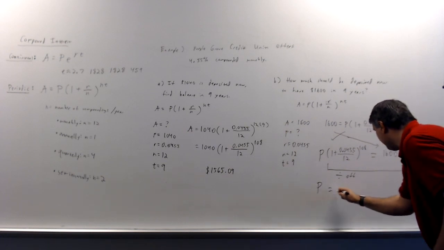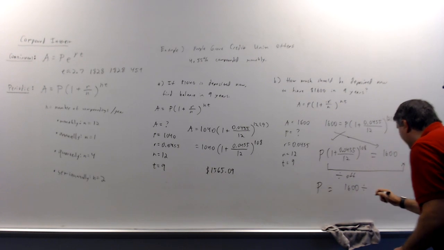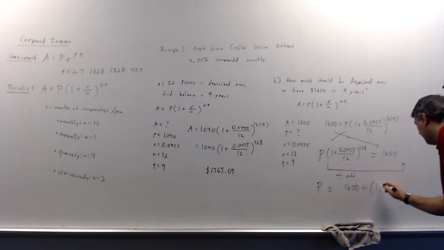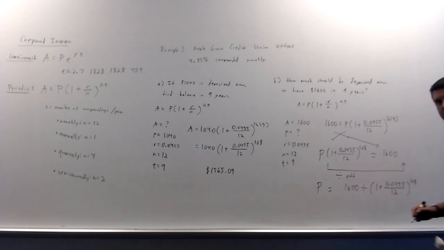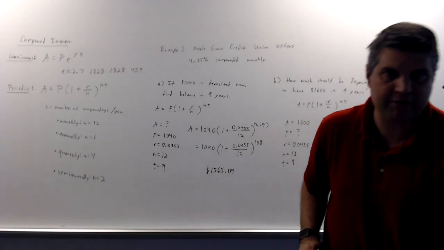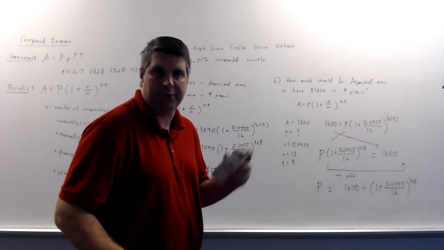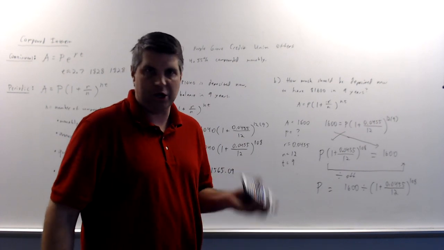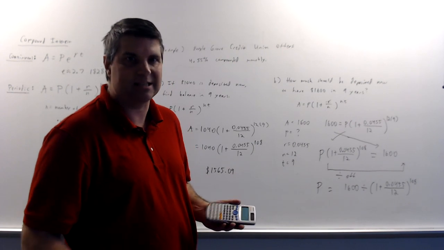So P equals the 1,600 divided by 1 plus 0.0455 divided by 12 to the 108th power. Okay? If you're using a Casio and most Texas Instruments calculators, this is not a problem. If you're using one of those calculators that doesn't support the order of operations, this is a little dicey.